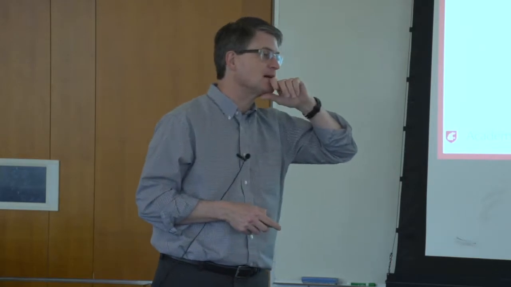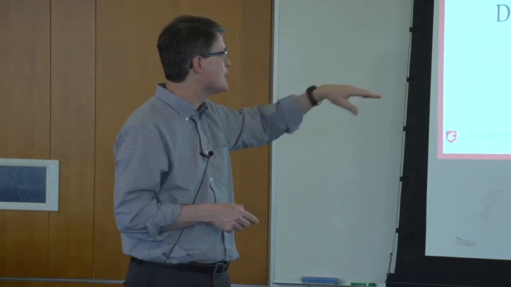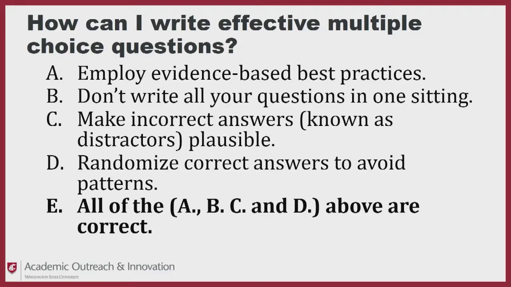So I like to think that this talk might have a different kind of answer, or title rather, excuse me, if this was your sort of test question. You might say, well, what's the answer to this test question, right? Should I A, employ evidence-based best practices? B, write all my questions in one sitting?